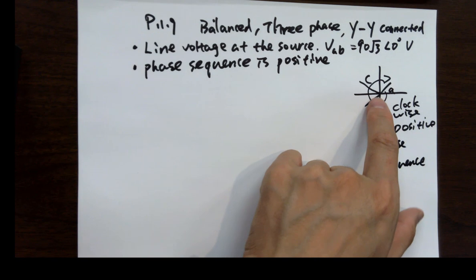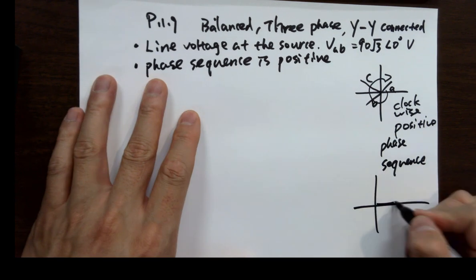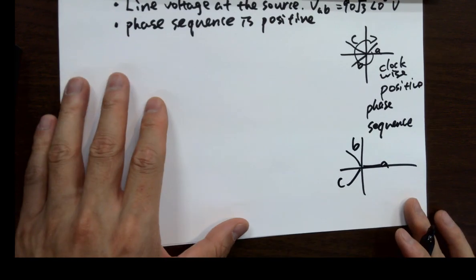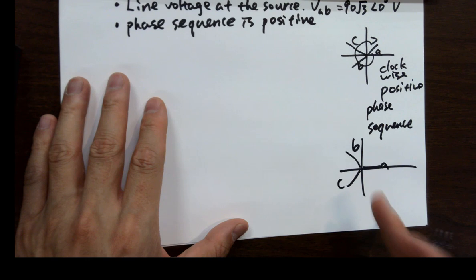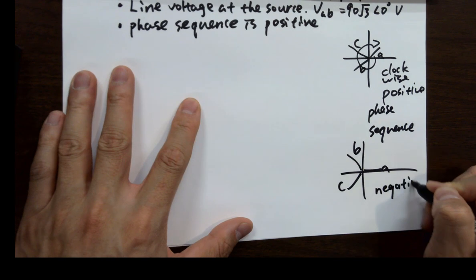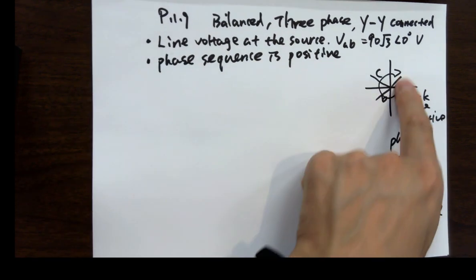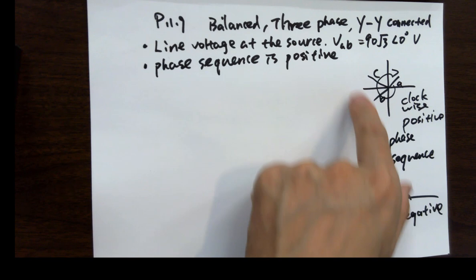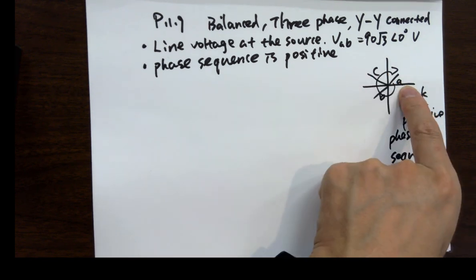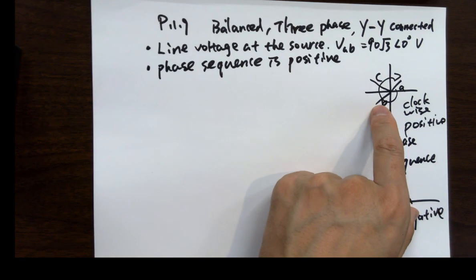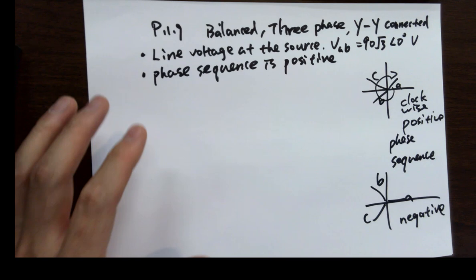Otherwise, it's the negative phase sequence: A, B, and C the other way. That's the negative phase sequence. Just a definition. Remember this. So positive phase sequence means it's distributed clockwise: A, B, C. If A is 0 degrees, what is B's angle? Very quick quiz question. Negative 120, right? Okay. Cool.